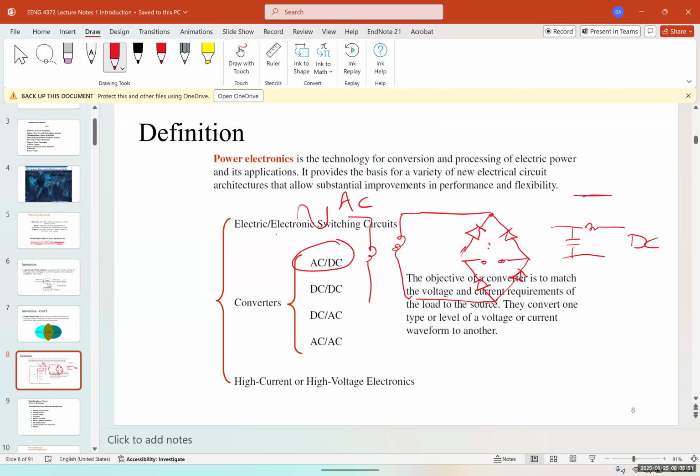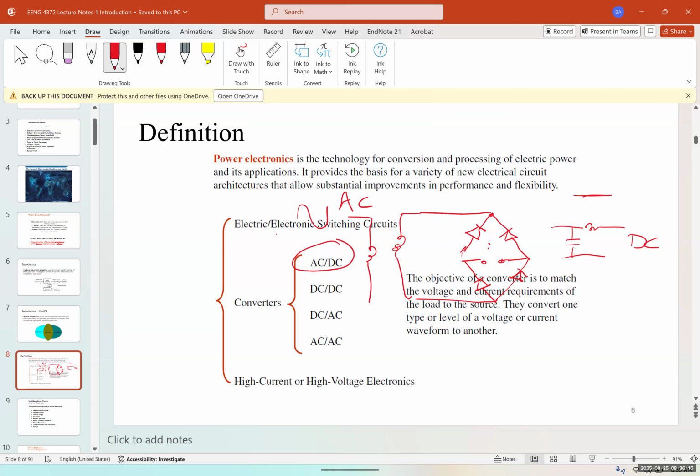Which components? How do you charge your phones? All the phones you have, smartphones, laptops, all of them, you have a battery. The battery, you can't charge it with an AC voltage. You need to have a DC voltage. So therefore, you need to have an AC to DC converter.